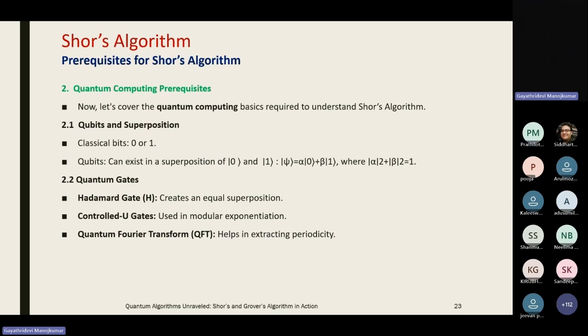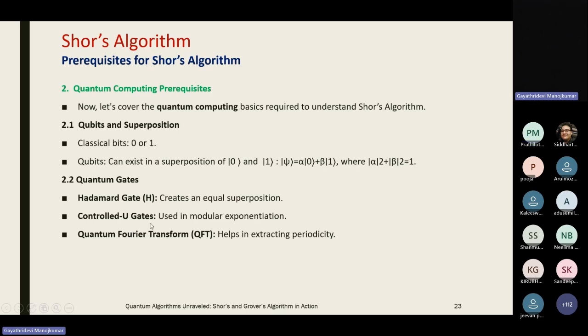And the next one is the quantum prerequisite. Whenever we come to the quantum prerequisite, we need qubits, superposition, the Hadamard gate, the controlled-U gate, and the quantum Fourier transform. The Hadamard gate is used to create an equal superposition.